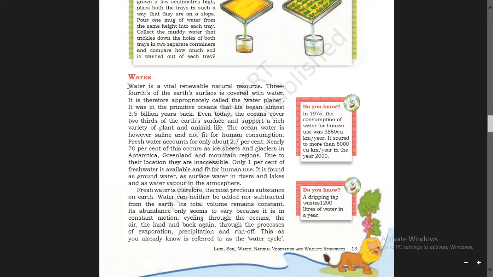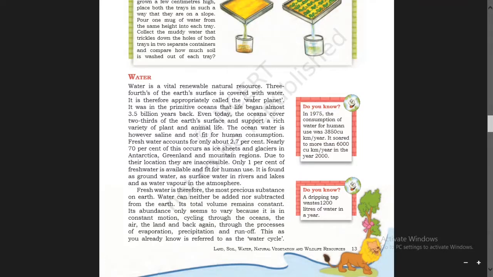Let us see this water topic. Water is a vital, means absolutely necessary, boys. Water is a vital renewable natural resource. Renewable means it can renew. Three-fourths of the Earth's surface is covered with water.